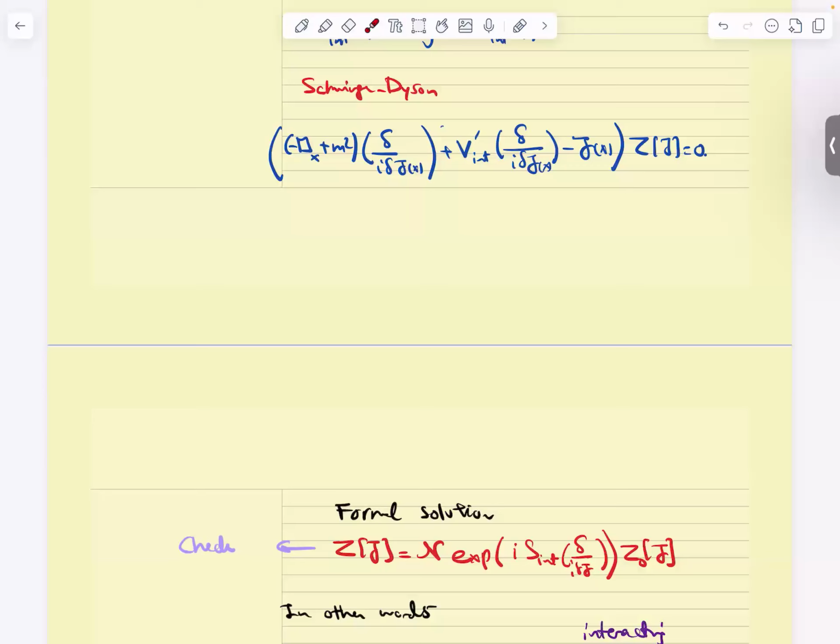You could formally write down the solution, the generating function of the quantum field theory. As you can see, it's this. This is the generating function. It's a formal solution. You could check that it solves this.